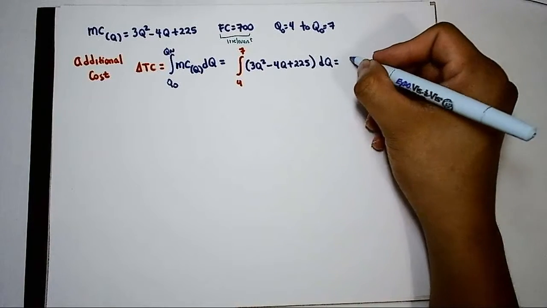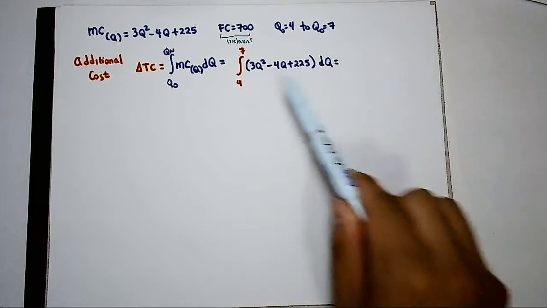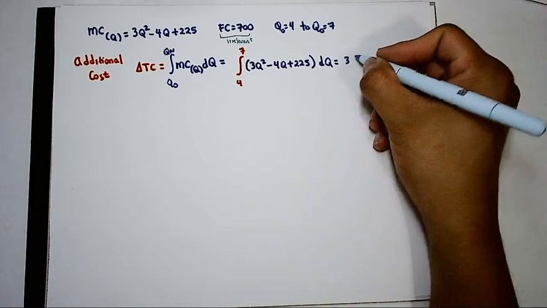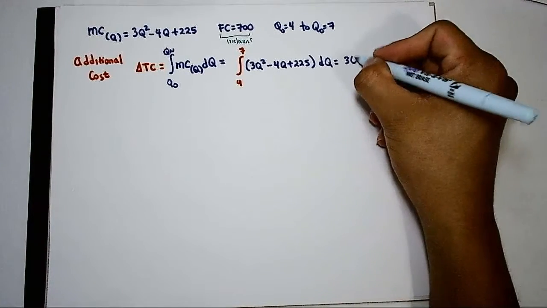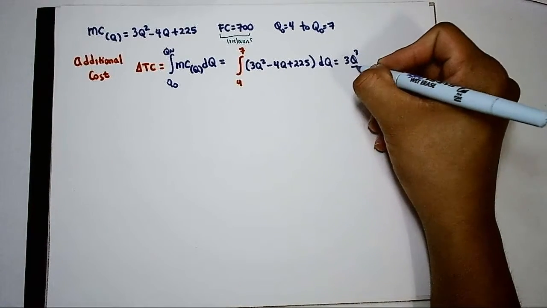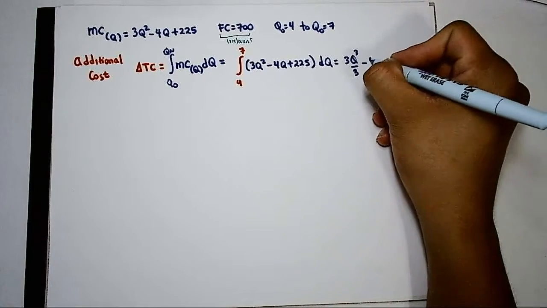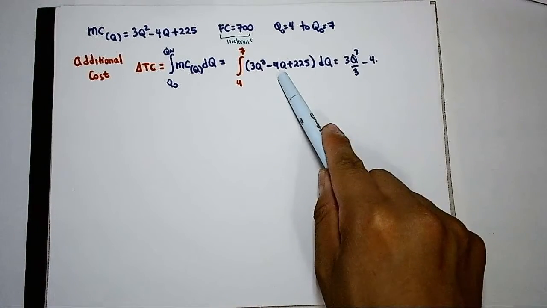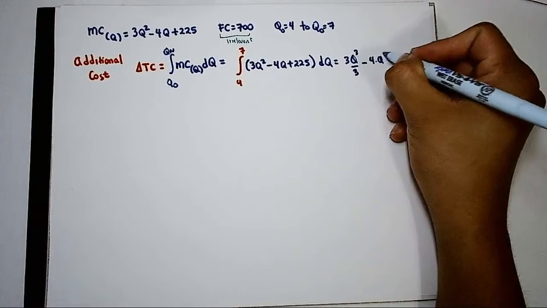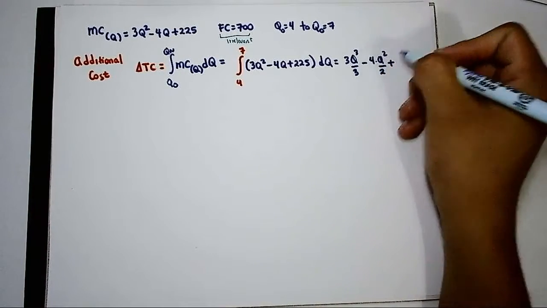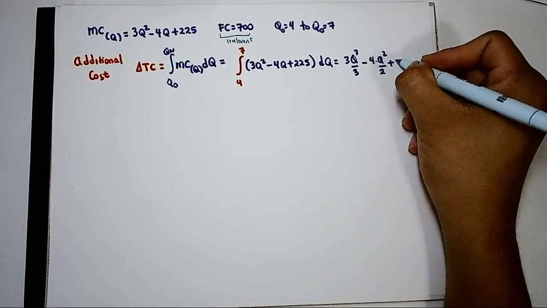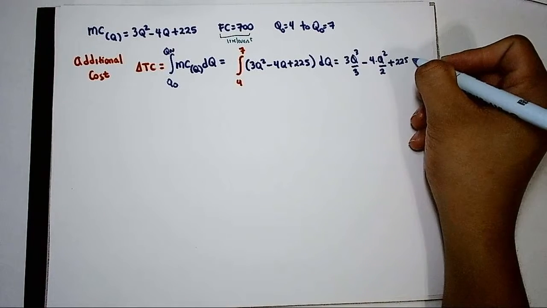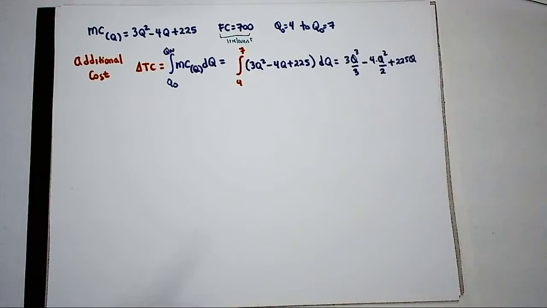This is equal to 3 times the integral of q squared, which is q to the third divided by 3, minus 4 times the integral of q, which is q squared divided by 2, plus the integral of 225, which is 225 times q.